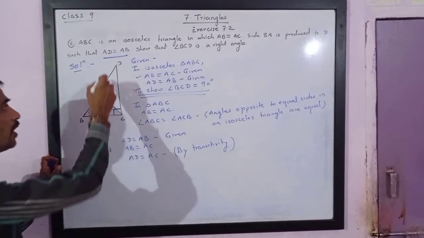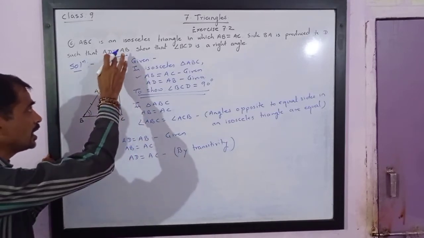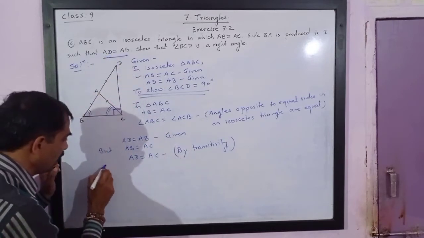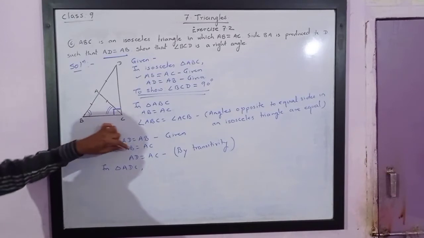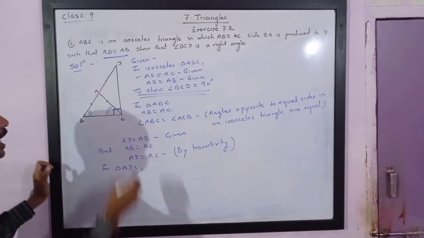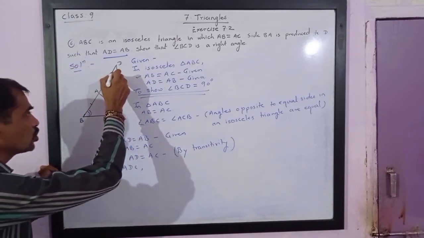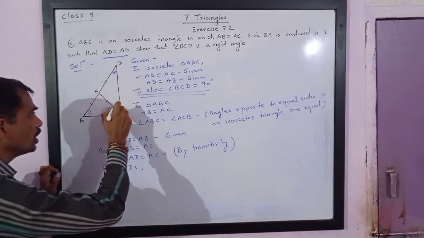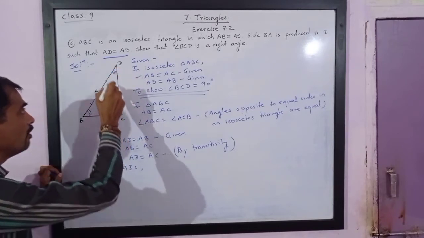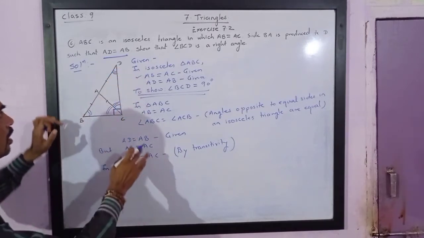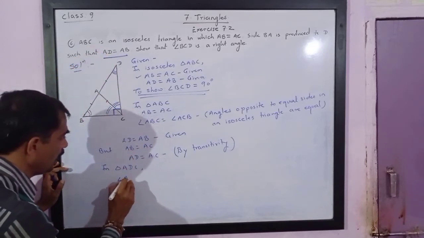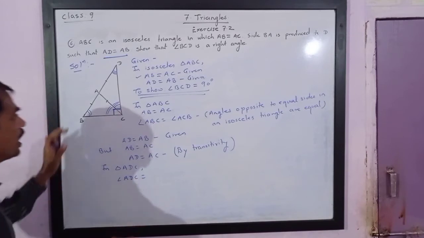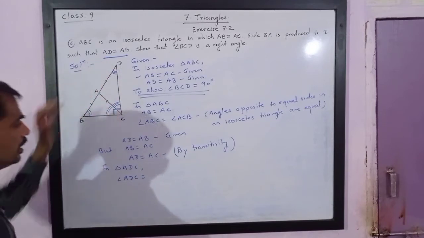Now if AD is equal to AC, consider triangle ADC. In triangle ADC, AD is equal to AC. So I can say angles opposite to them also must be equal to each other. So I will get angle ADC is equal to angle ACD.